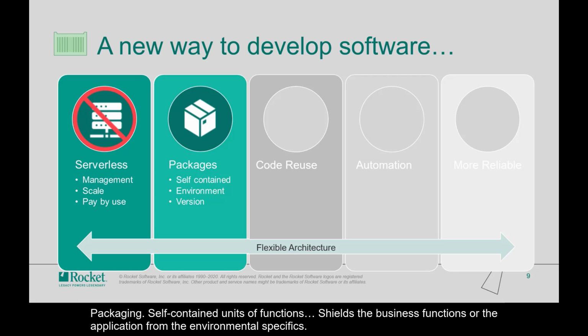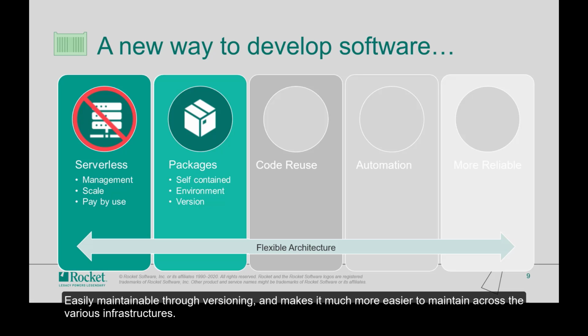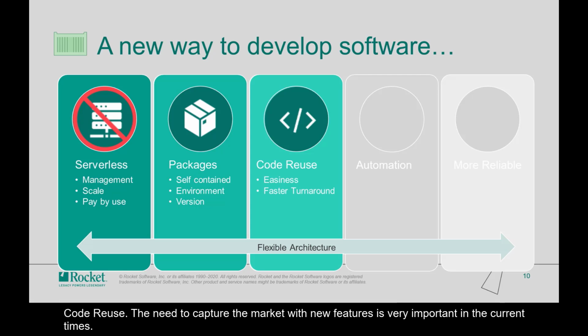Packaging. Self-contained units of functions shield the business function or the application from environmental specifics, are easily maintainable through versioning, and make it much easier to maintain across various infrastructures. Code reuse.